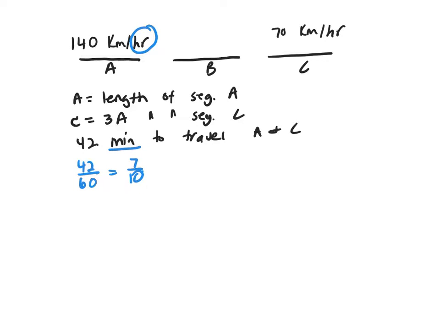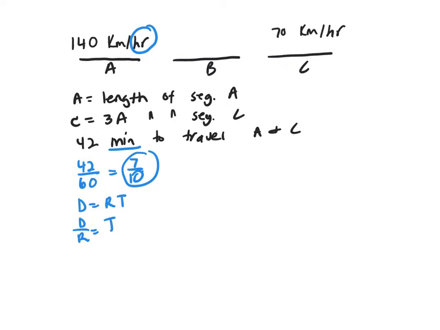And let's see here. What would be the time for segment A? Well, we know that distance equals rate times time. So D over R would be how you'd find the time. I want to figure out segment A's time plus segment C's time, and that will be equal to 7/10, the total time.